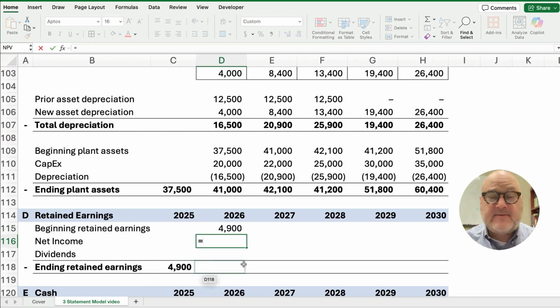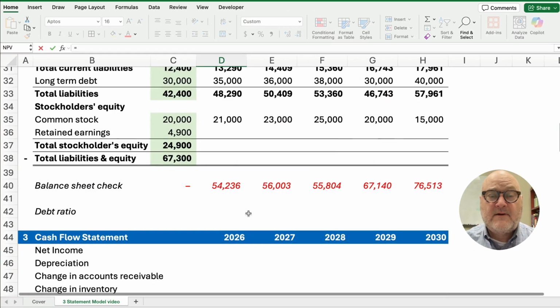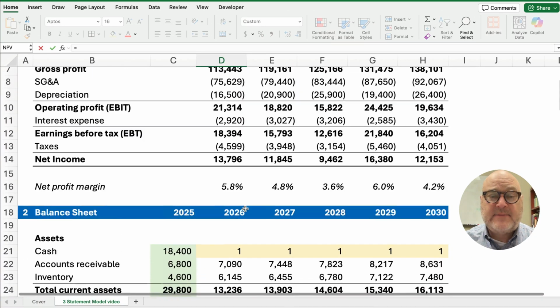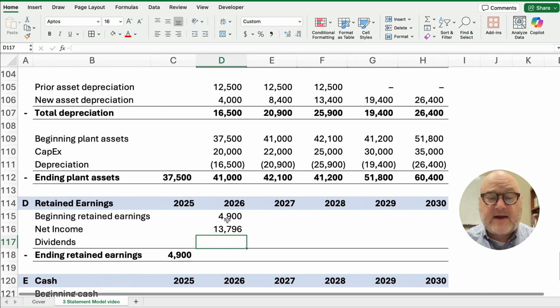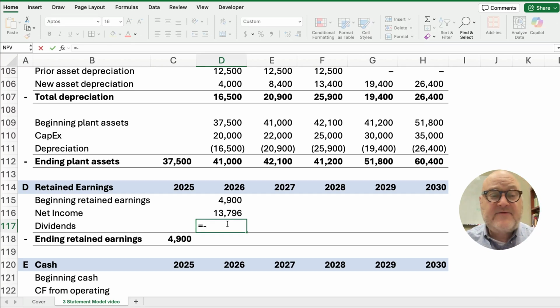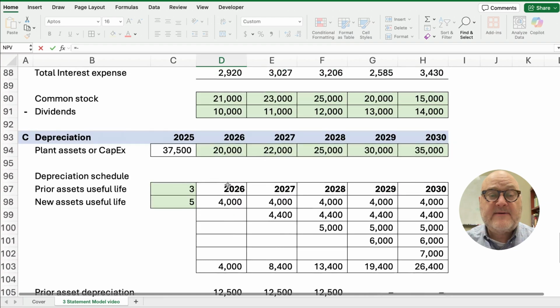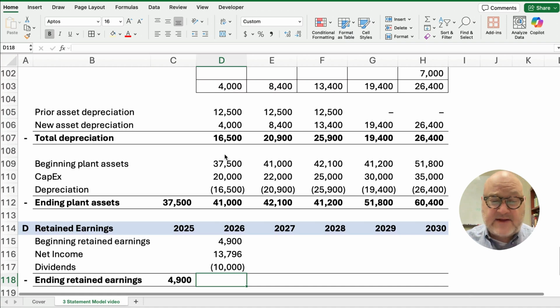What's our net income? Well, we've calculated net income to be 13,000. We copy that all the way across. Our dividends are going to be a negative number, so negative, we have dividends right here. Our estimated dividends are going to be 10,000. Well, we're paying out dividends, so that's going to be negative 10,000.